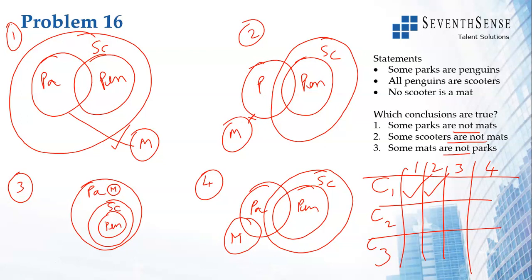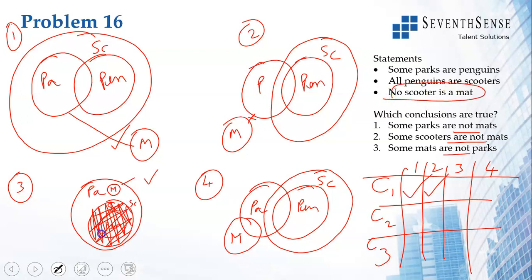In this diagram, if you see this area of parks, which is a scooter, it can never be mats. So some parks are mats is true here, very, very important. But this area, which is also parks, can never be mats because that area is scooter, and no scooter is a mat.